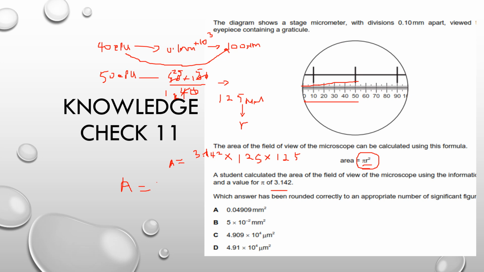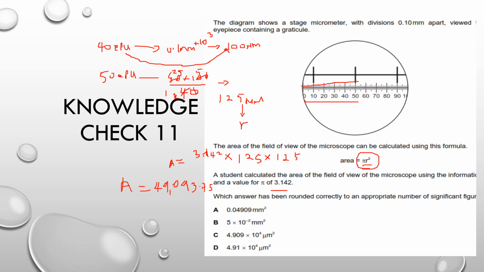If you punch your calculator, it's going to give you about 49,000, whatever you call it, 49,0 9 0 something. That's what it gives me.